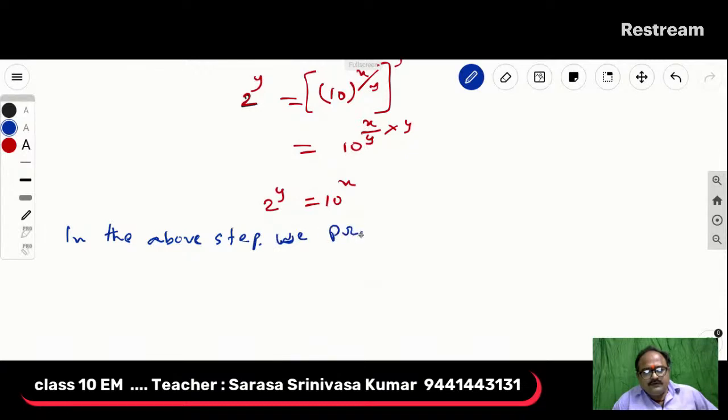We proved that 2 to the power of x cannot be equal to 10.